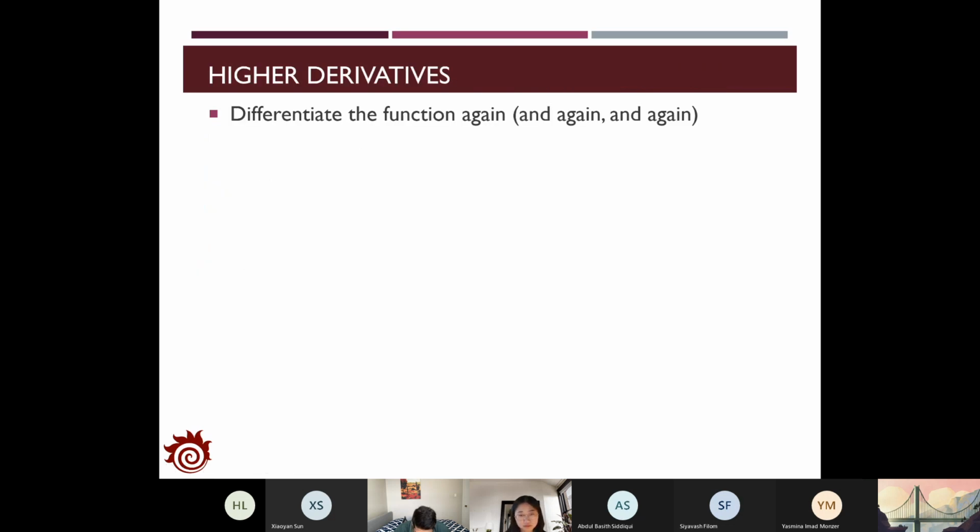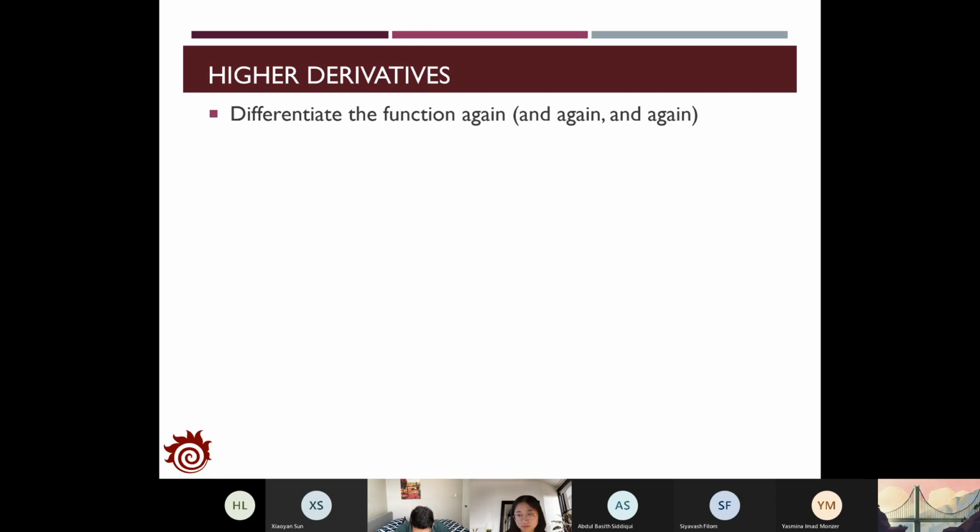For a function, you can apply the derivative once, and that would be the first order derivative. You can also apply multiple differentiations to one function: once, twice, three times, four times, or even more.